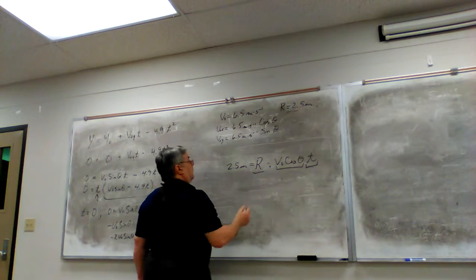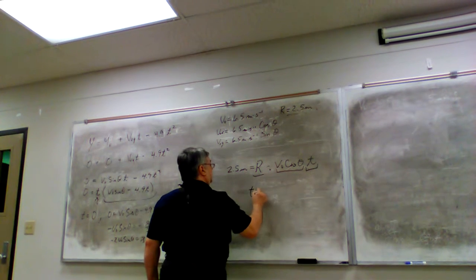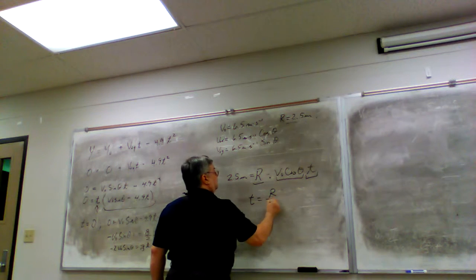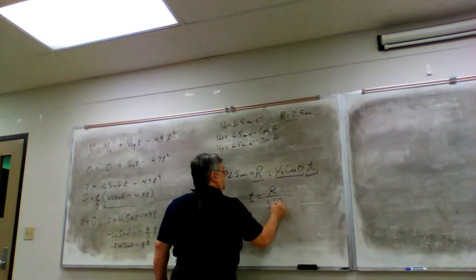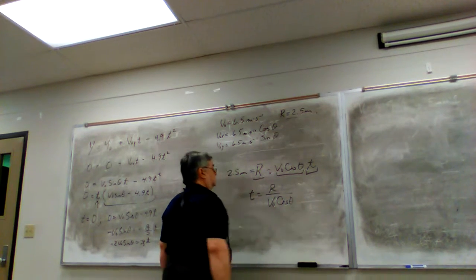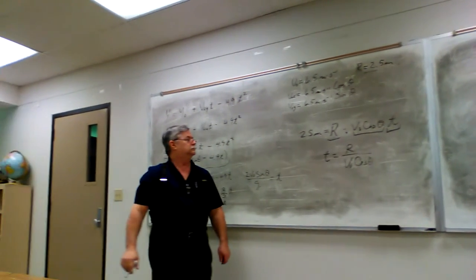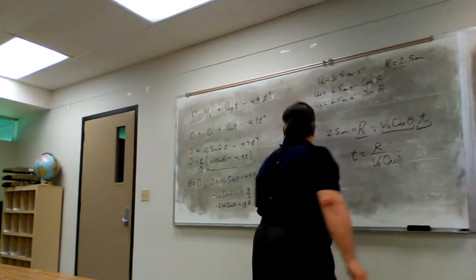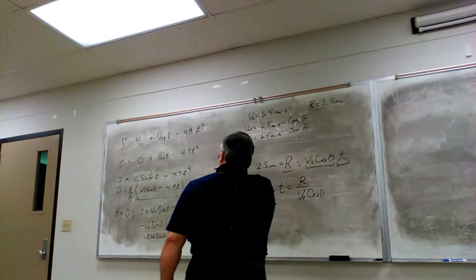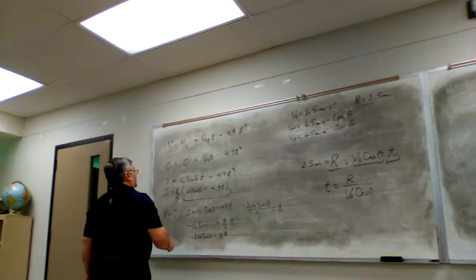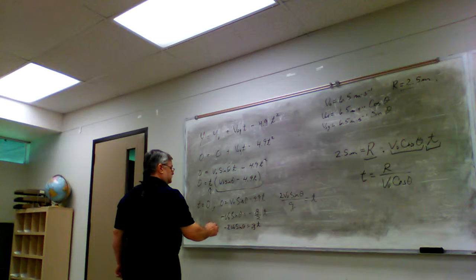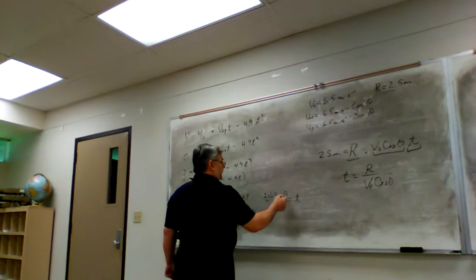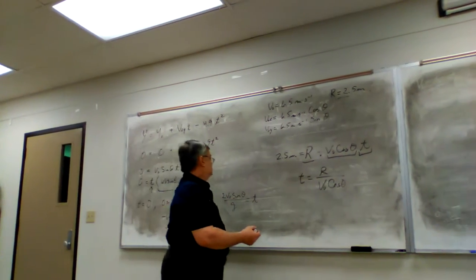So we can rewrite t as being equal to the range divided by v sub naught cosine theta. Now, we also know that t is equal to 2v sub naught sine theta over g.